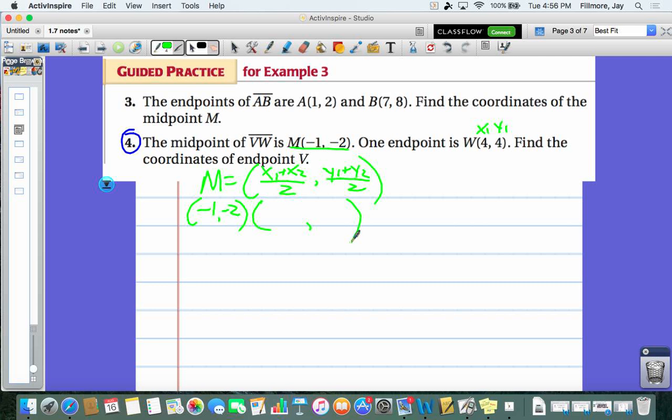For our two endpoints, one of them has 4s for x and y. The question is, how do you find out what this x is and what this y is? If I color code these, x is -1, so this whole thing should equal -1.